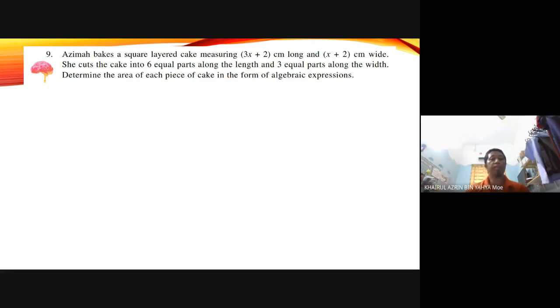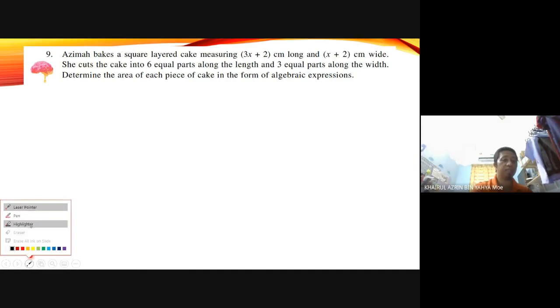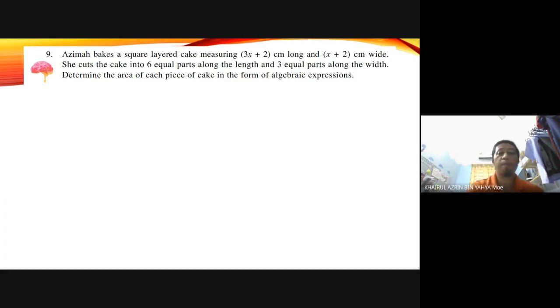Let me use laser pointer. Azima bakes a square layered cake measuring 3x plus 2 centimeter long and x plus 2 centimeter wide. Maybe I draw first. So this is the cake, something like this.